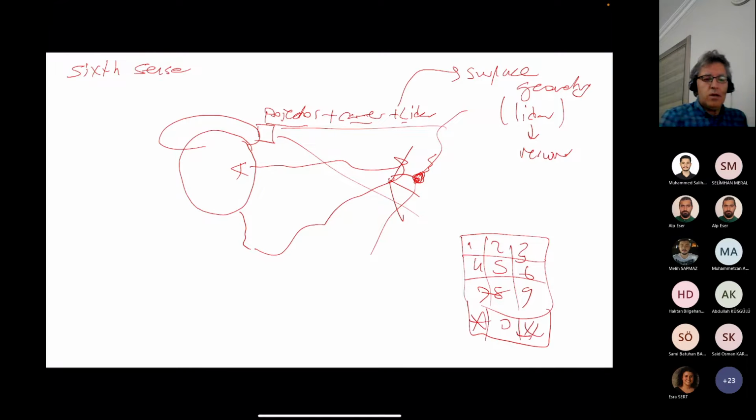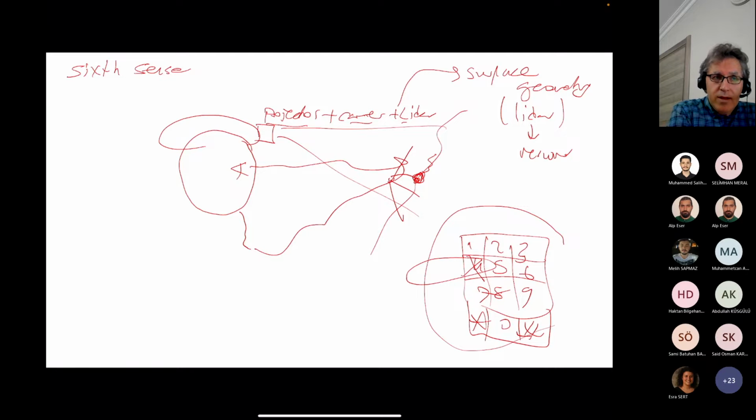You can show this dial pad in a way that you see it as if it is actually a perfect dial pad on that surface. And when you cover one of these keys with your finger, you can see from the camera and projector pair that it is covered, and you can use this as an augmentation or as a user interface.